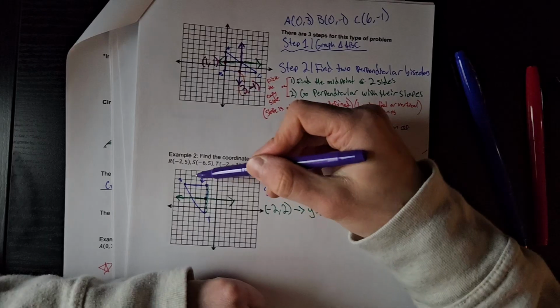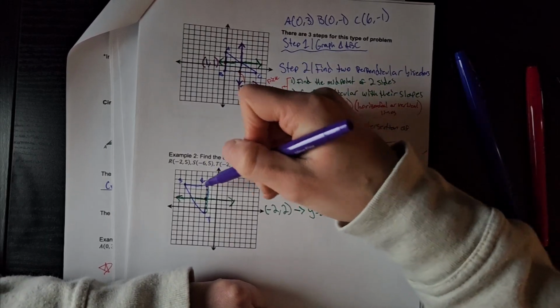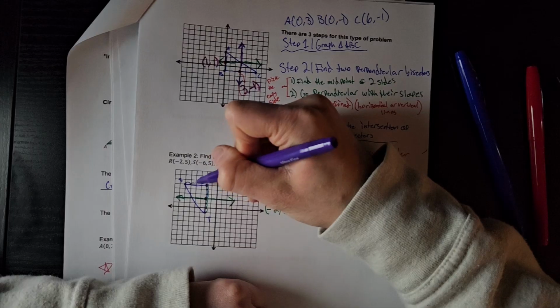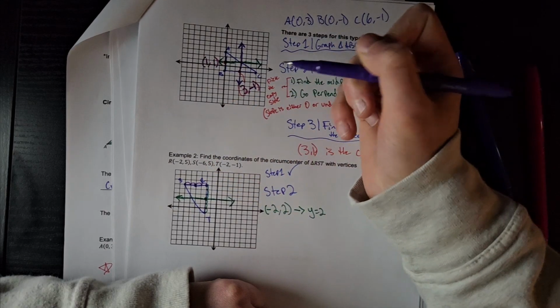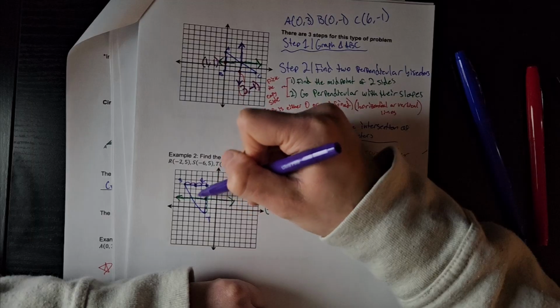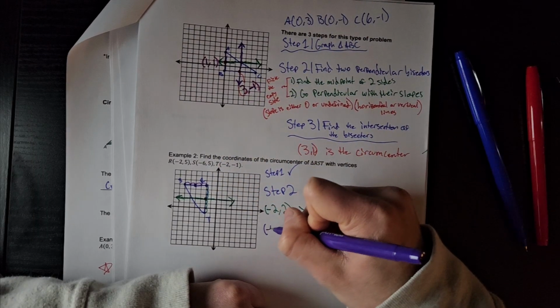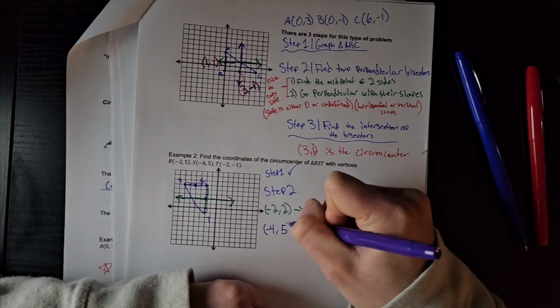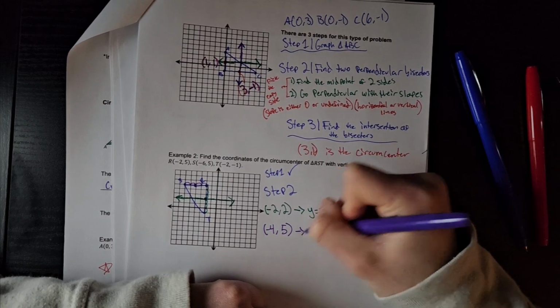Let's go to SR because that's the other easy side to pick from. Counting what I have, going 1, 2, 1, 2. This is my midpoint here. And that is at, I believe, negative 4, 5. So at negative 4, 5 is where we have our second midpoint.